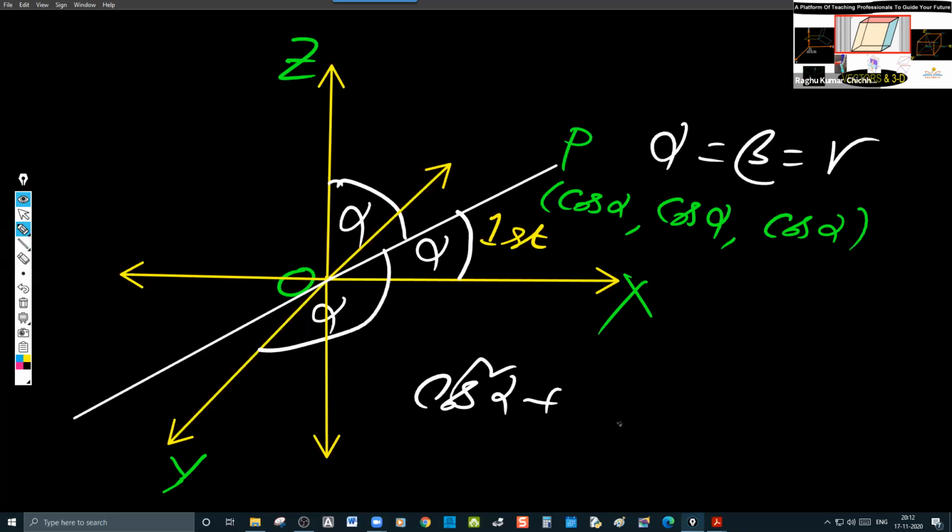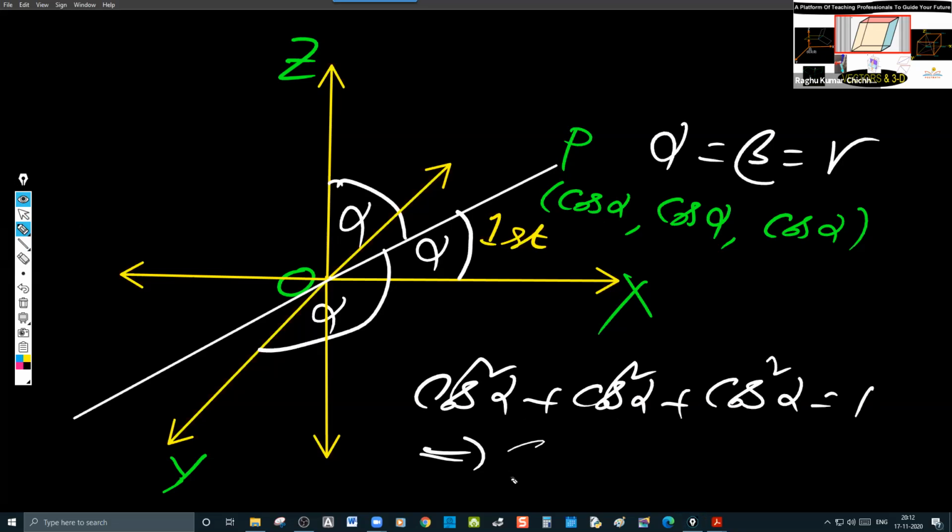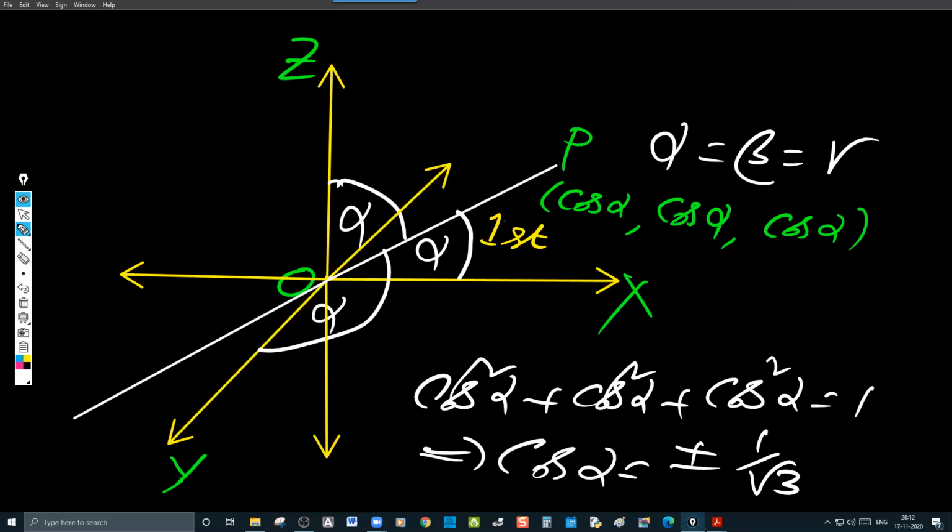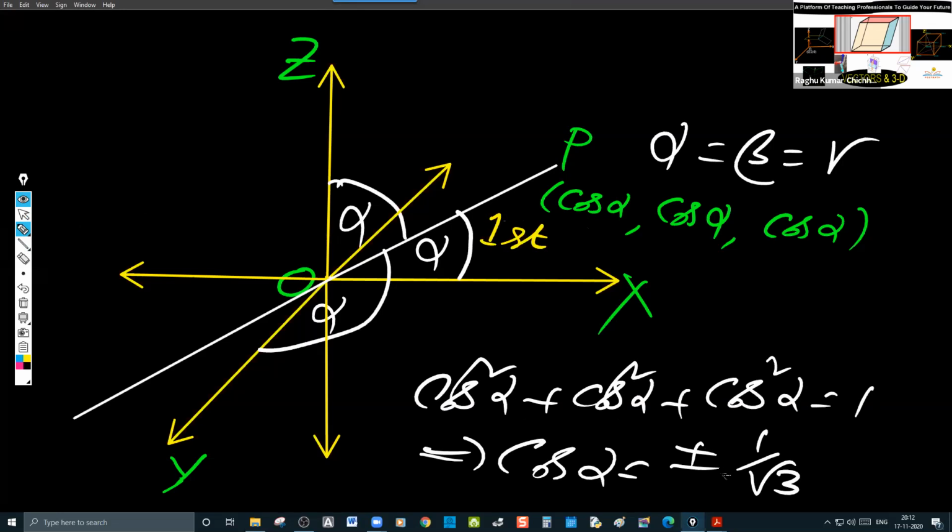Obviously cos square alpha plus cos square alpha plus cos square alpha is equal to 1, which implies cos alpha is equal to plus or minus 1 by root 3. If you write plus or minus 1 by root 3 here, this can be filled in 2 ways.